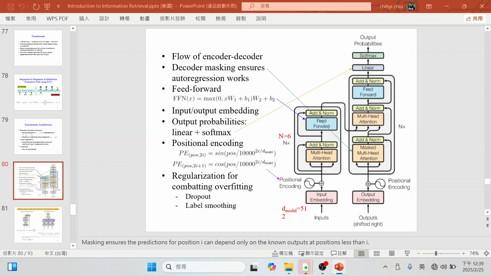So all these are masked to 0 to make sure your attention is in an auto-regressive way.